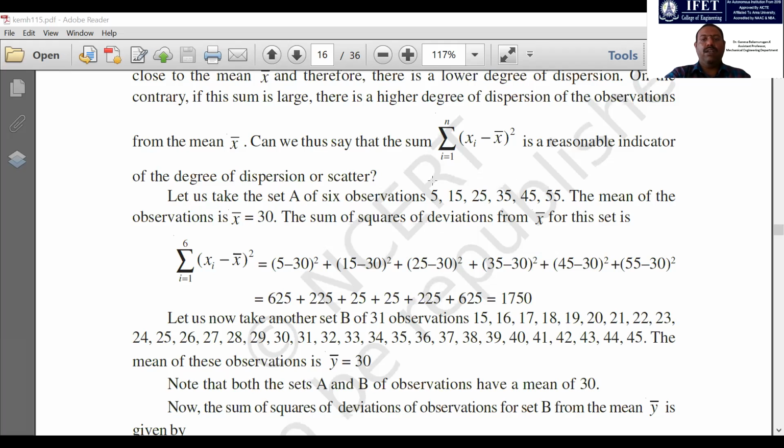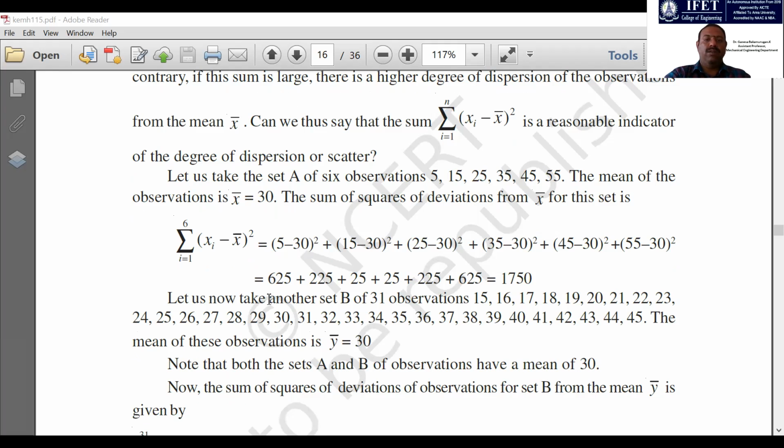Now we are dealing with the variance, slowly entering into the concept step by step. In this formula you square: 5 minus 30 whole square plus 15 minus 30 whole square, like this. Then we get the total deviation, which is 1750.